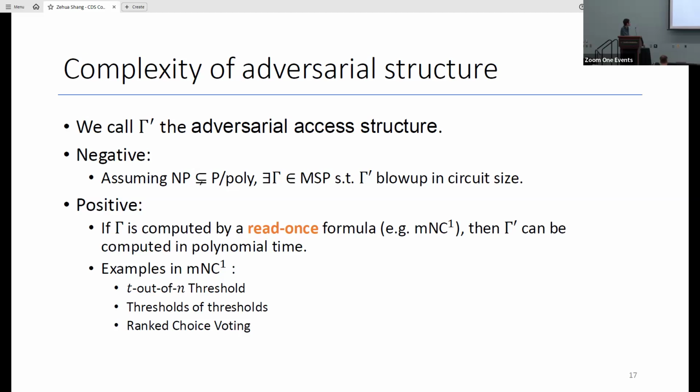And it turns out that monotone NC1 already contains many useful access structures. For example, t-out-of-n threshold, or more generally thresholds of thresholds, or some kinds of ranked choice voting.